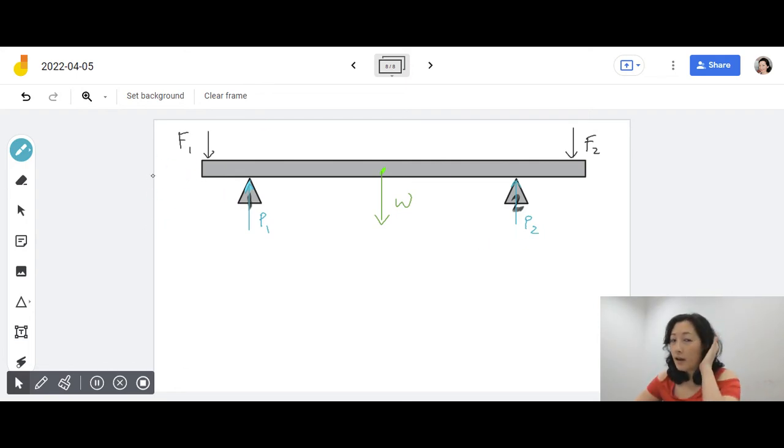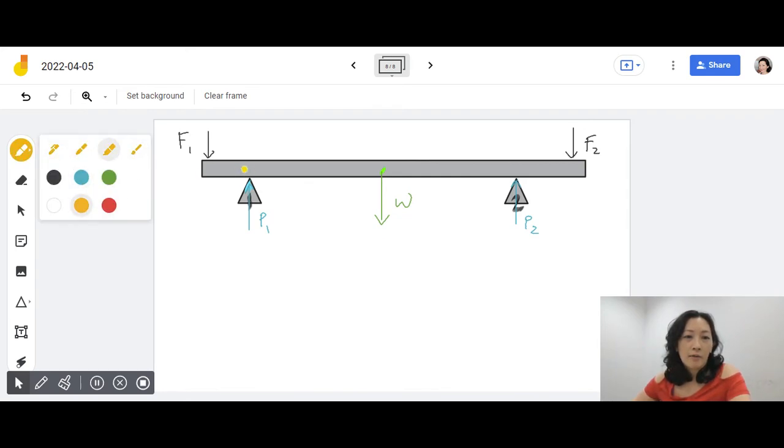Let's say, if you have to solve any particular question, you see the question, see the situation. Let's say we focus on pivot 1. Taking pivot 1 as the main focus, F1 is going to create an anti-clockwise moment.